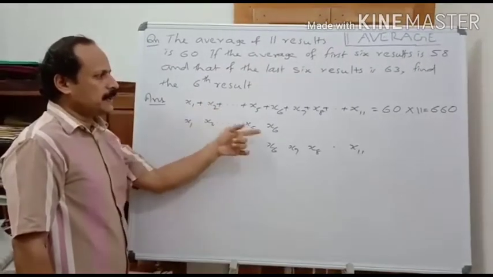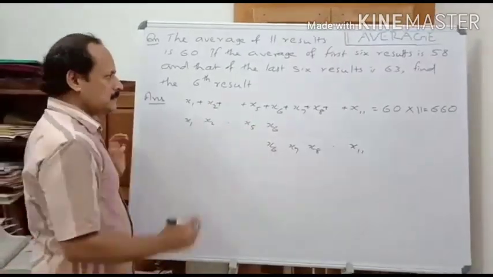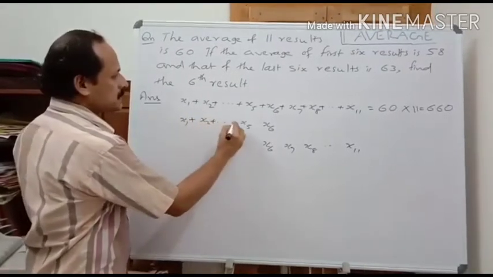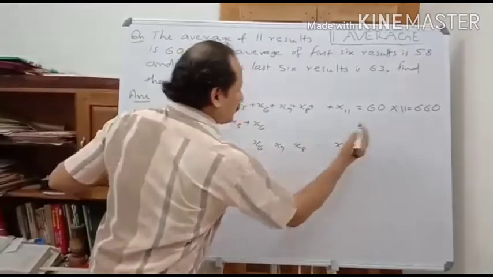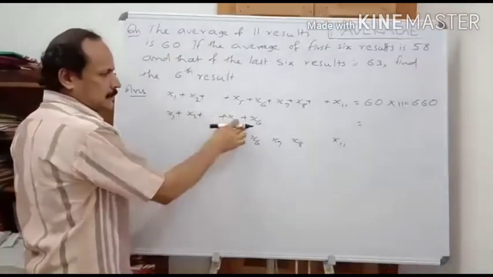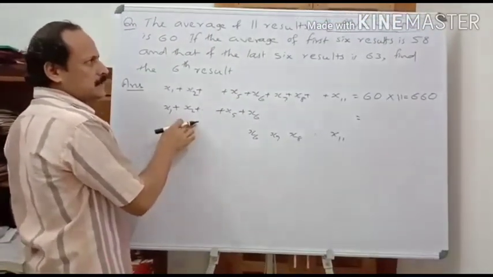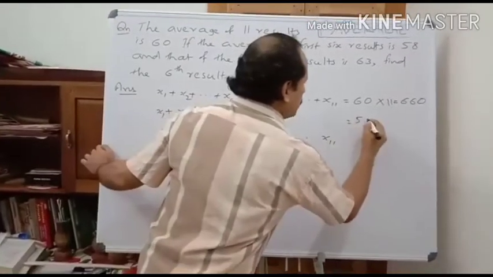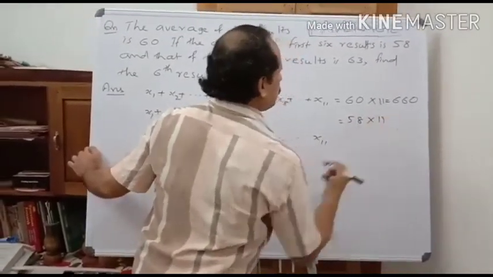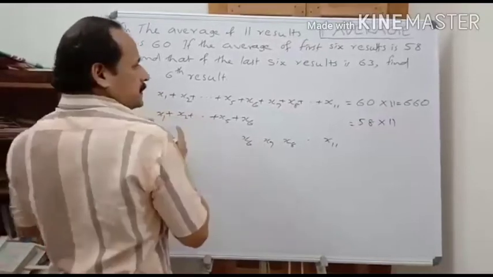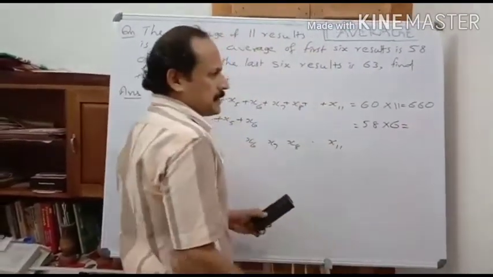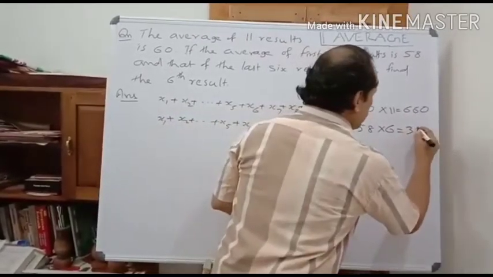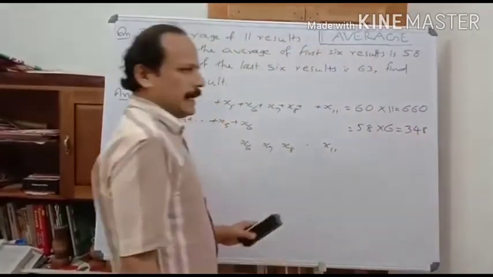Similar to this, you find out the sum of these, that is x1 plus x2 plus etc. plus x5 plus x6 equal to average into number, therefore 58 into 6, which equals 348.